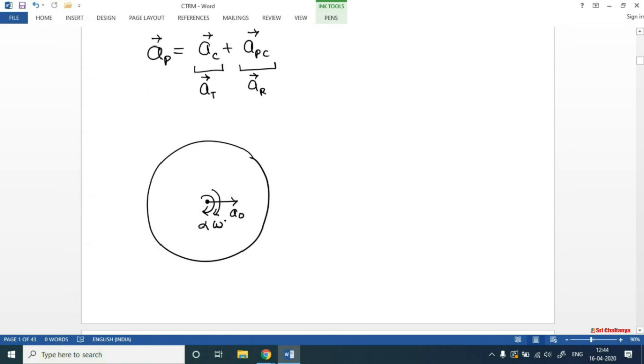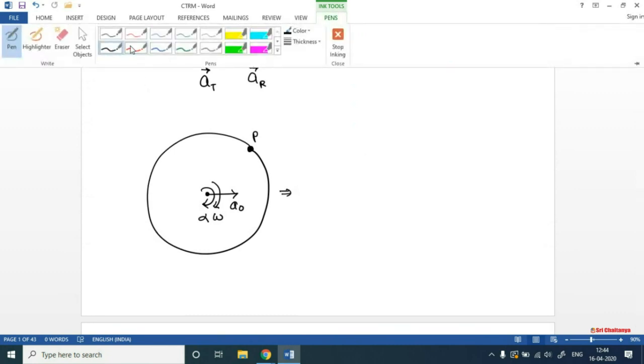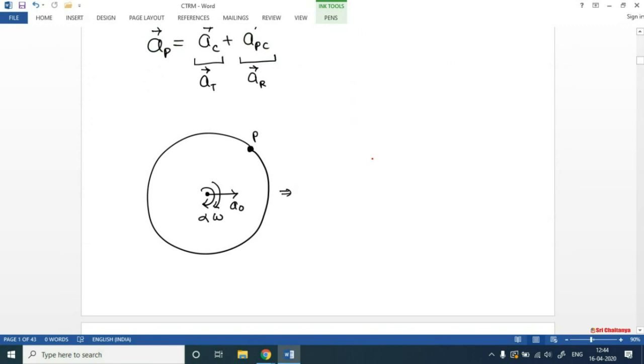So these are the parameters we are having. For example, we are interested in finding out the acceleration of any point P, let's say this point P. So this can be treated as the combination of purely translational and purely rotational motion.